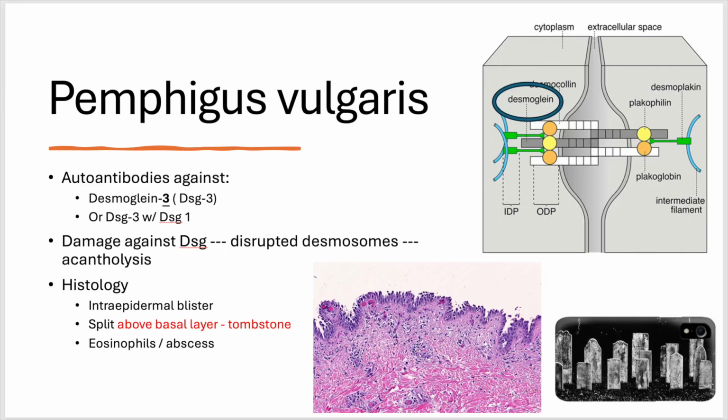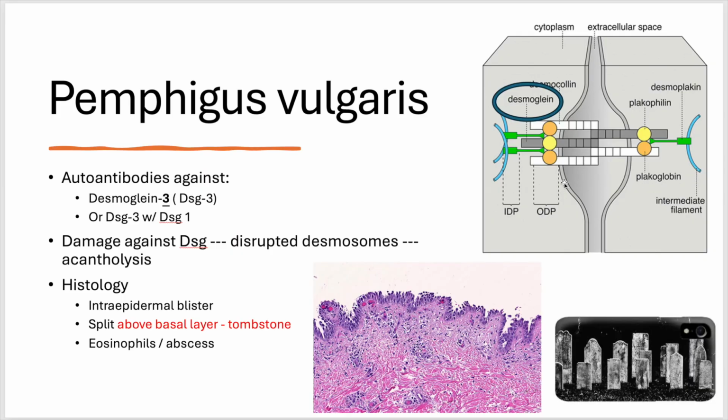The underlying issue is the autoantibody against desmoglein 3, or we use the abbreviation DSG3, which is the key protein in the desmosomes. Those are the rivets and cement connecting the keratinocytes.